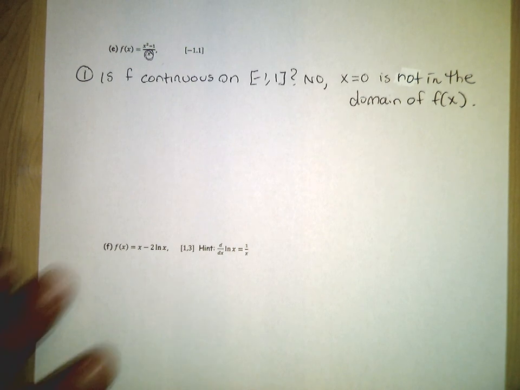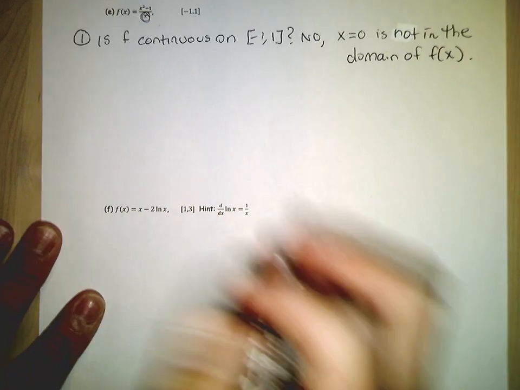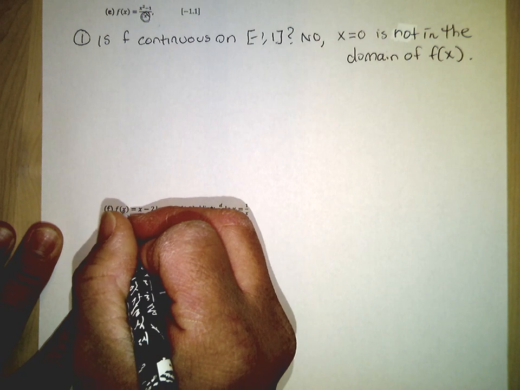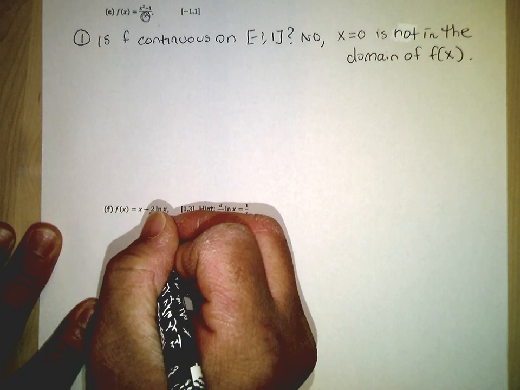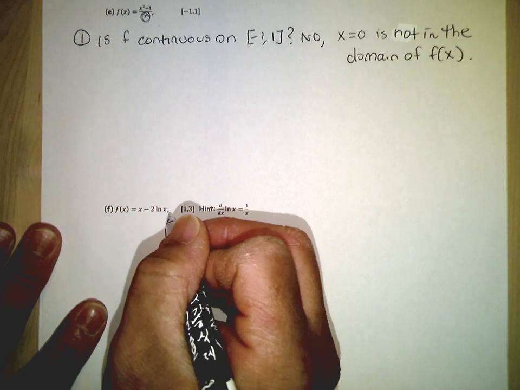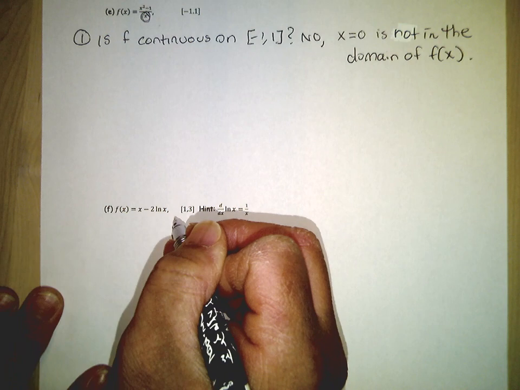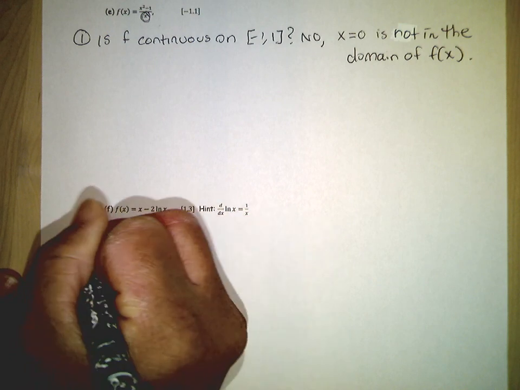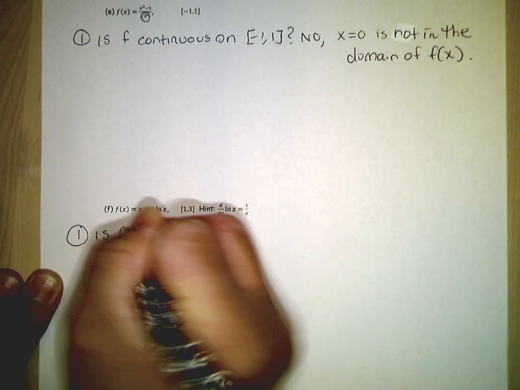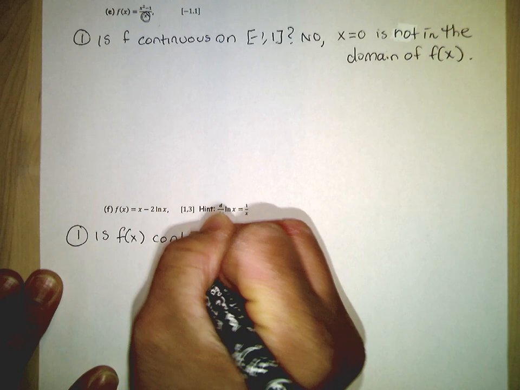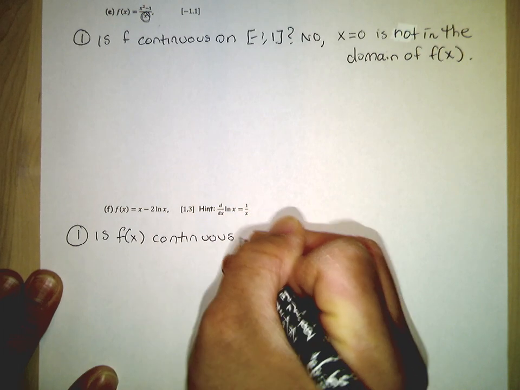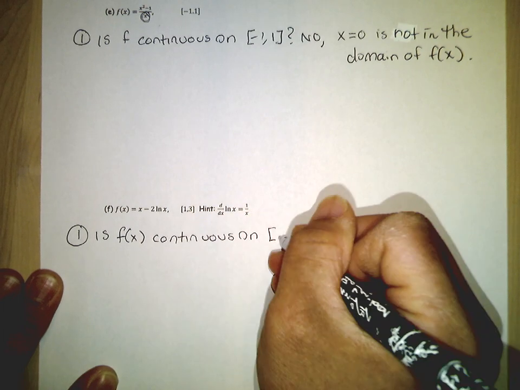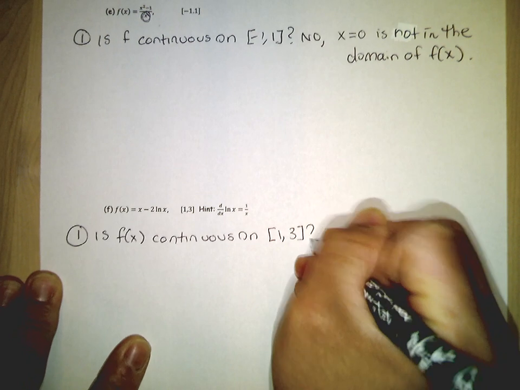All right, so let's try another one here. We have f of x is equal to x minus 2 times the natural log of x, and we want the interval from 1 to 3. So is f of x continuous on the closed interval 1 to 3?